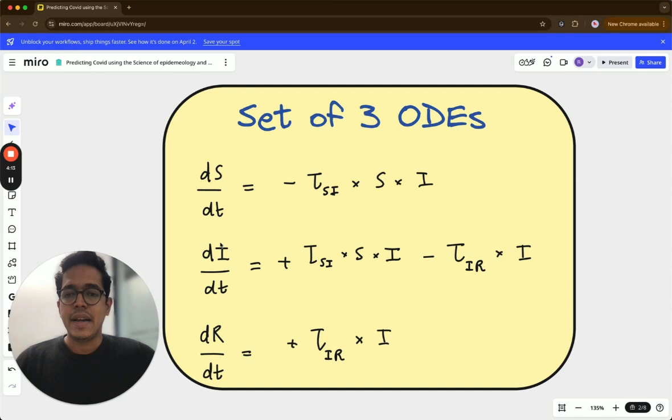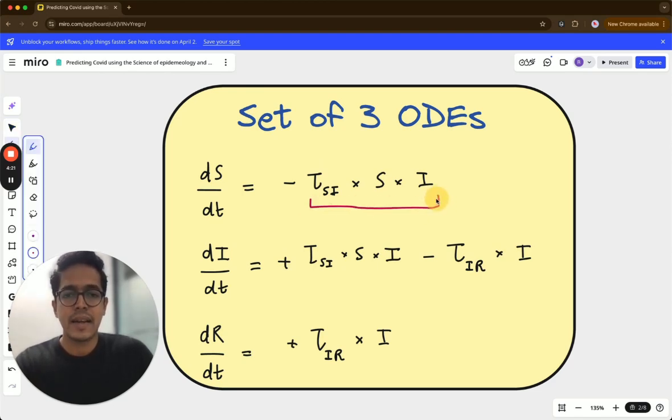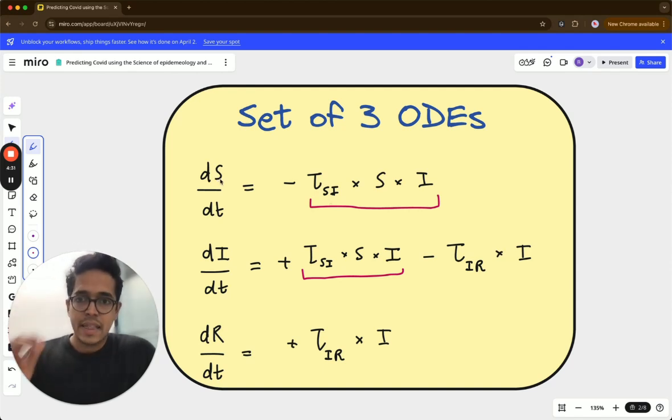In dI/dt, you might notice that interestingly there is a positive term, which is exactly this term. So this term tau S I is also appearing here, but with a positive sign. That is because the people who are susceptible, once they get the virus, will move from the susceptible to the infected category. So this rate of change, whatever is happening there, where are they going?